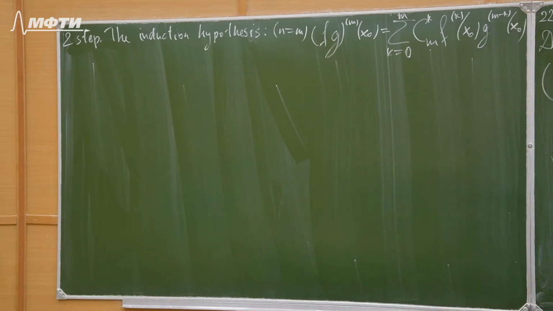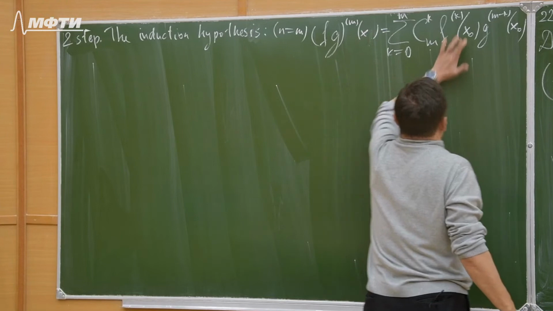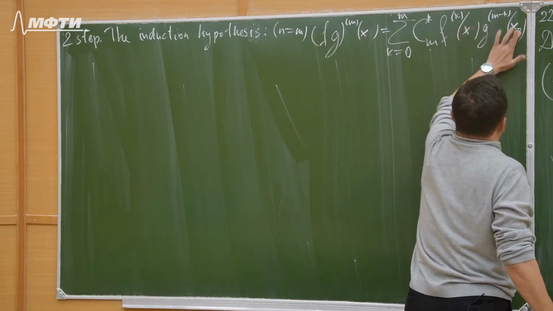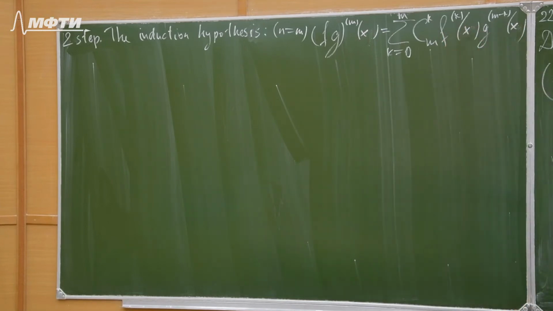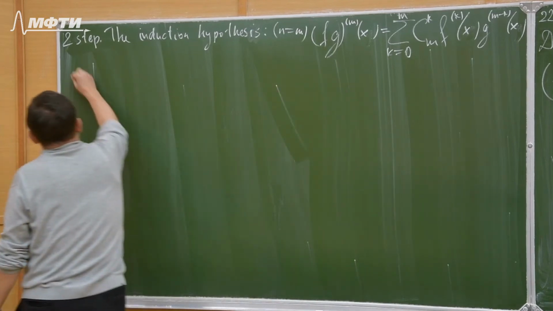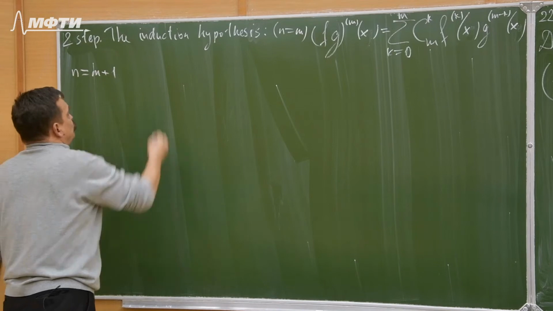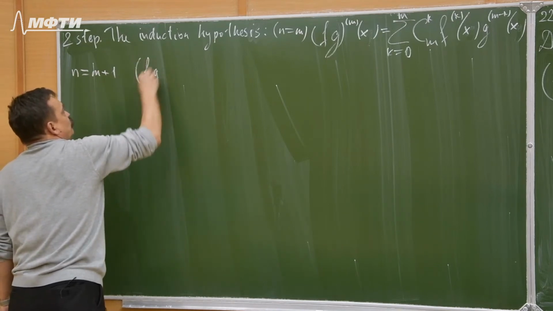And since the point is arbitrary, instead of x naught, it's better to write just an arbitrary point x. So after that, we suppose it's true, and we need to check n equals m plus 1. That is what we want to prove.